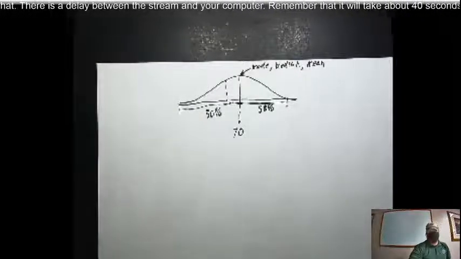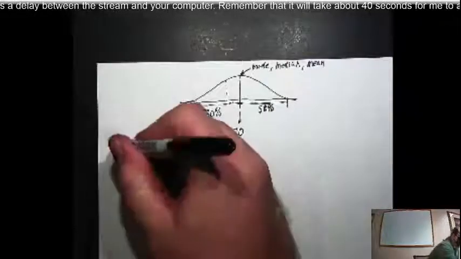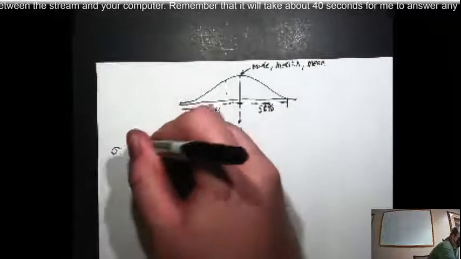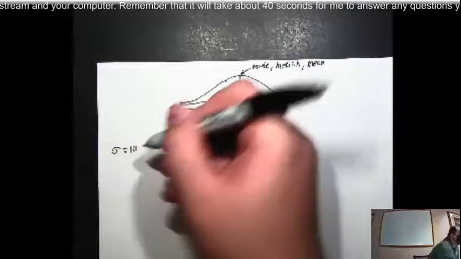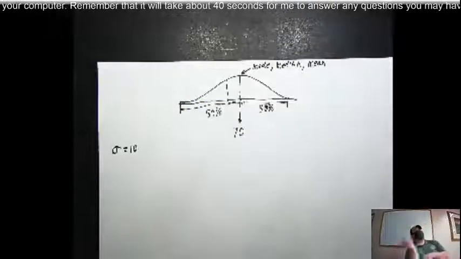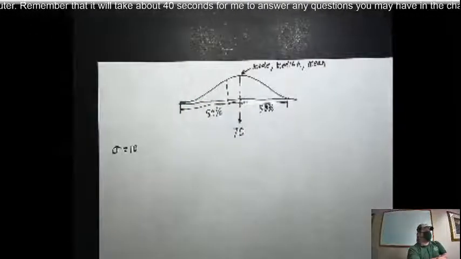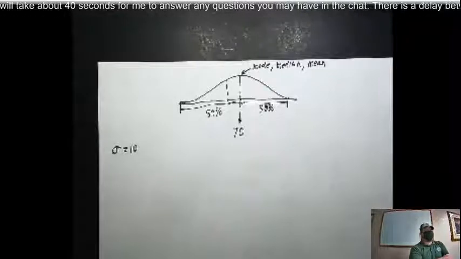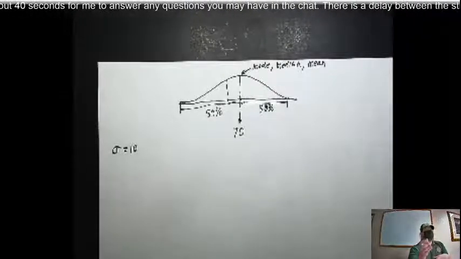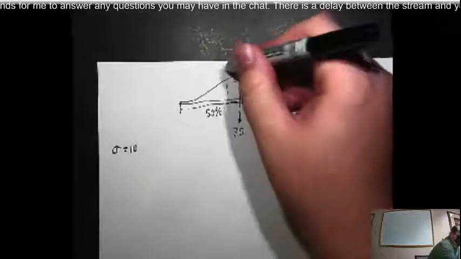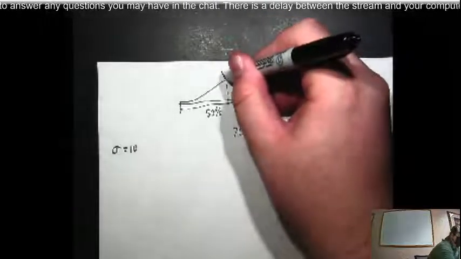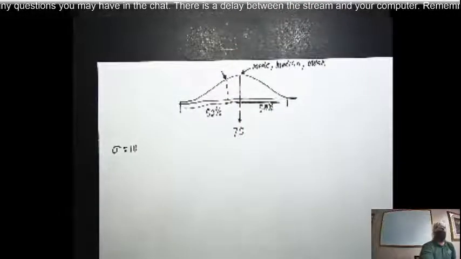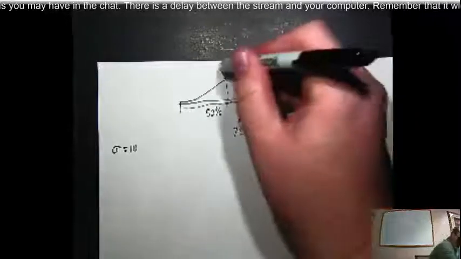And we have a standard deviation of 10 years. Okay, so the average person is 70, but then the standard deviation for this set of data is 10 years of age. And this point right here is maybe 50 years.